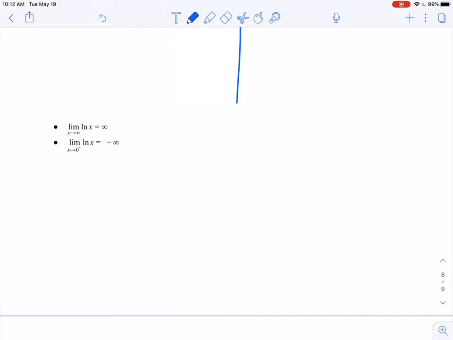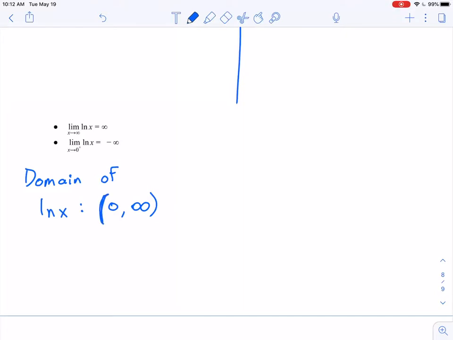The reason for this is that the domain of natural log of x is actually 0 to positive infinity, not including 0, right? So we're going to make sure that we use parentheses. Let's just make sure we are clear on that. We're using parentheses around 0 to show that 0 is not included.